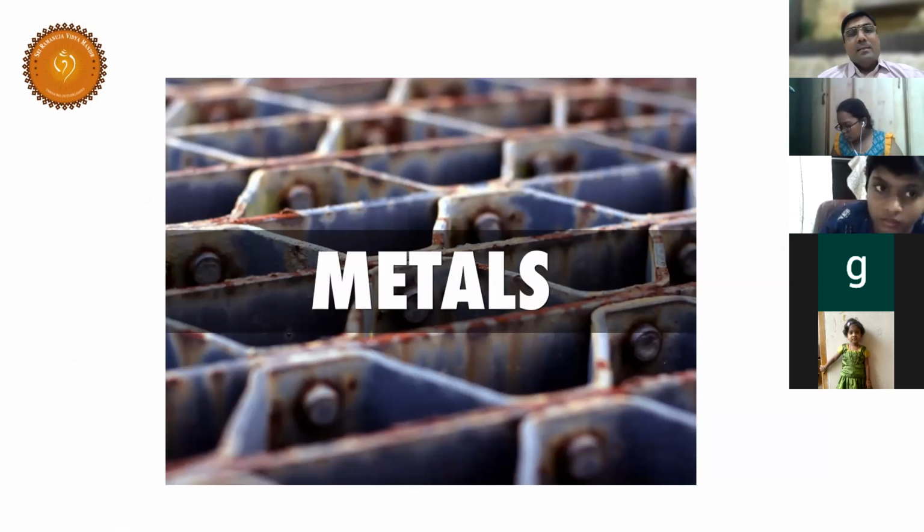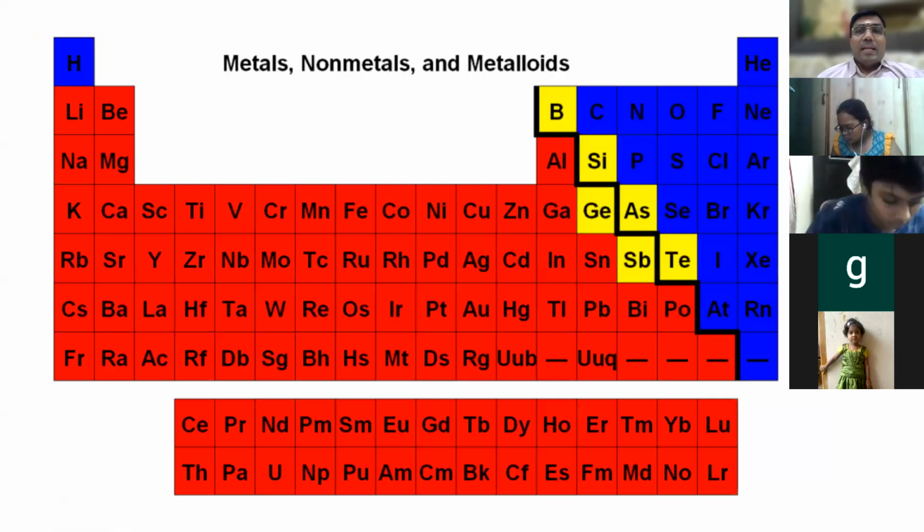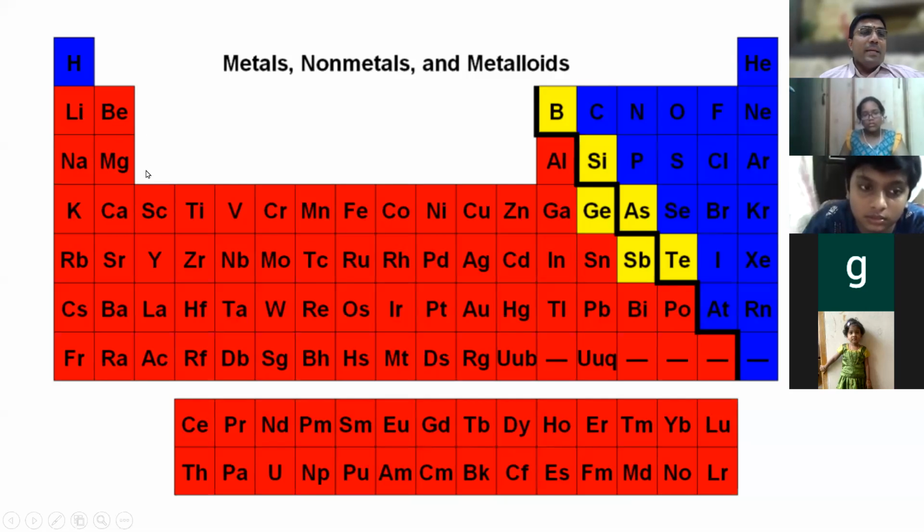Now, let us see the metals. So now I am going to classify the metals. Have a look here, all of you. The ones in the red color are metals. Here you can see lithium, beryllium, sodium, magnesium, potassium, calcium, rubidium, strontium, cesium, barium, francium, radium.